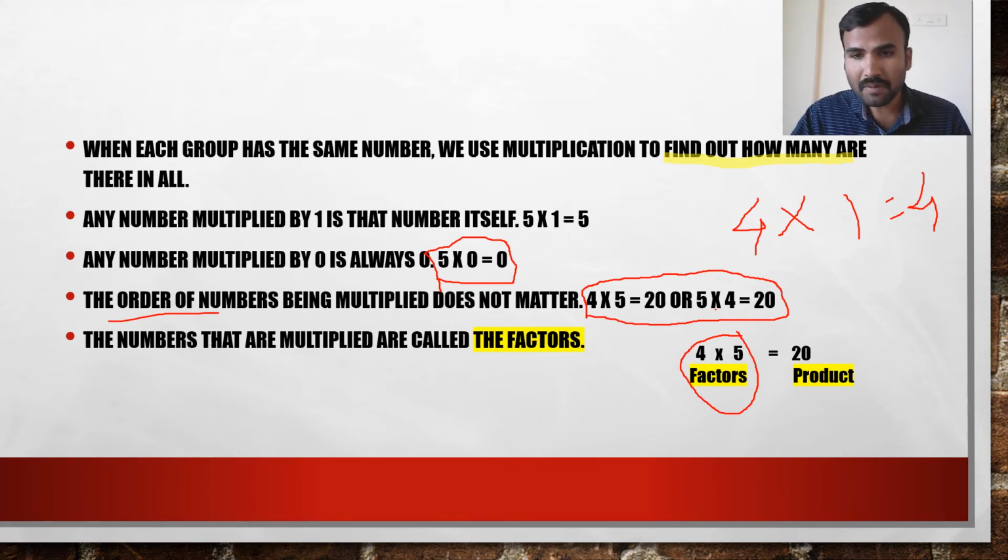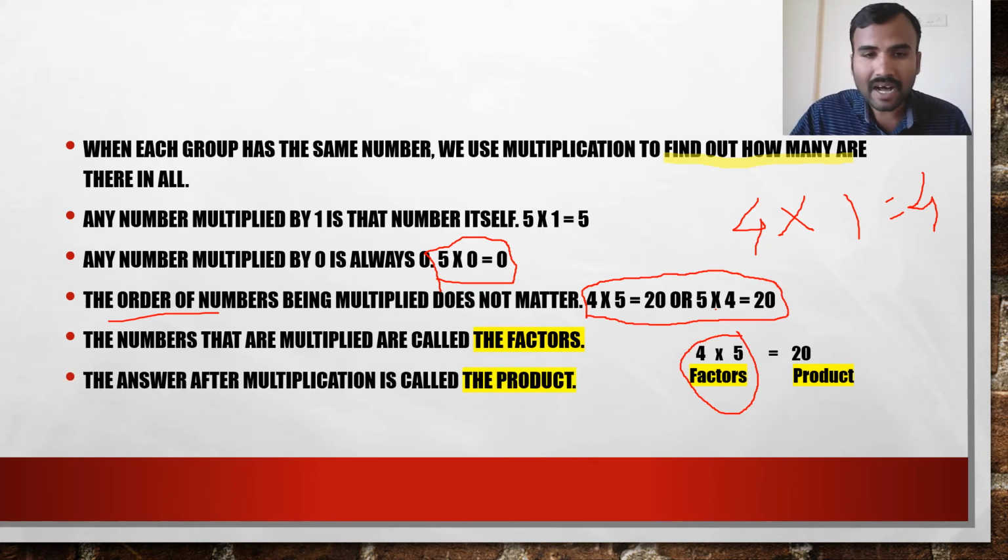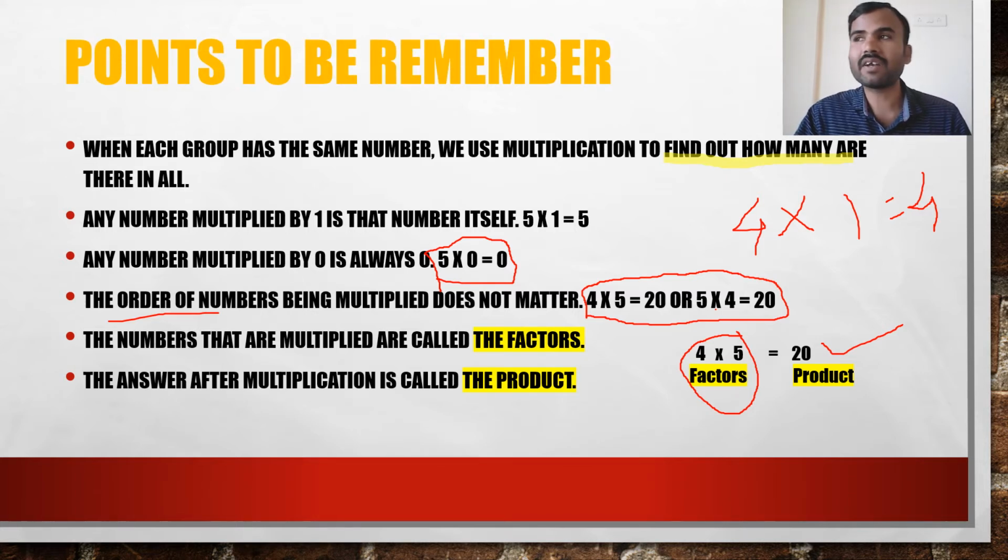And in multiplication, the answer you get after multiplying is called the product. So when you multiply 4 into 5, you get the answer 20, and that 20 is called the product. So these are the very important points.